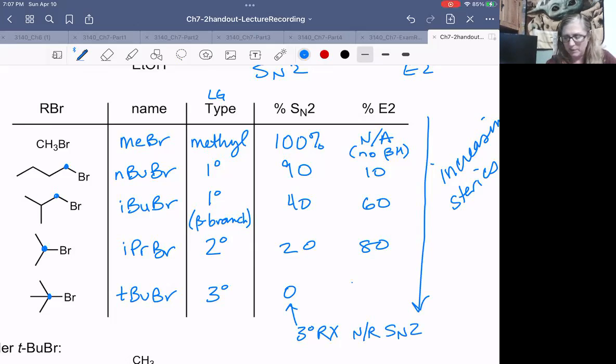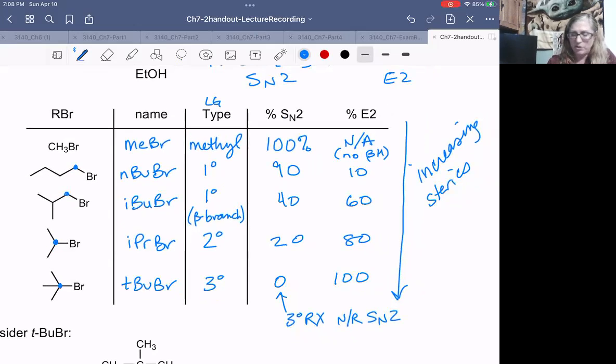Back when all we knew about was the Sn2 mechanism, we'd say, oh, no reaction. But now, because there's a competing reaction, there's another path that can be taken. That actually is what happens. We get E2 elimination. We get the alkene product.